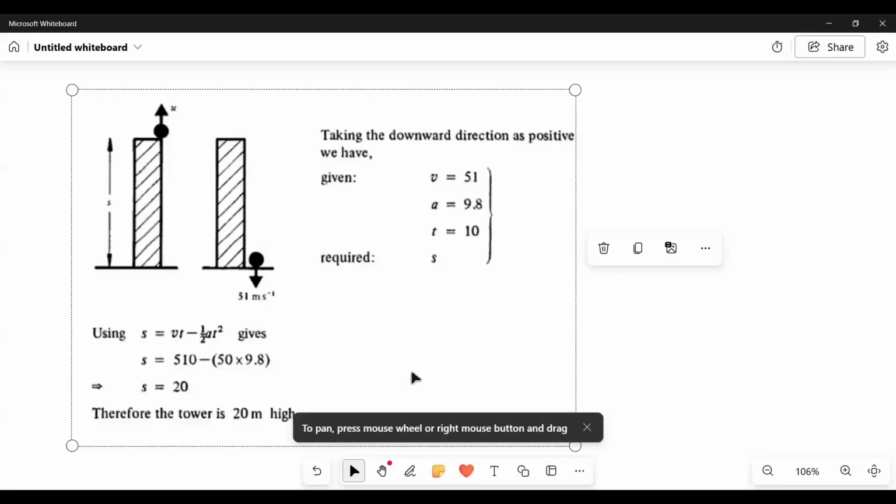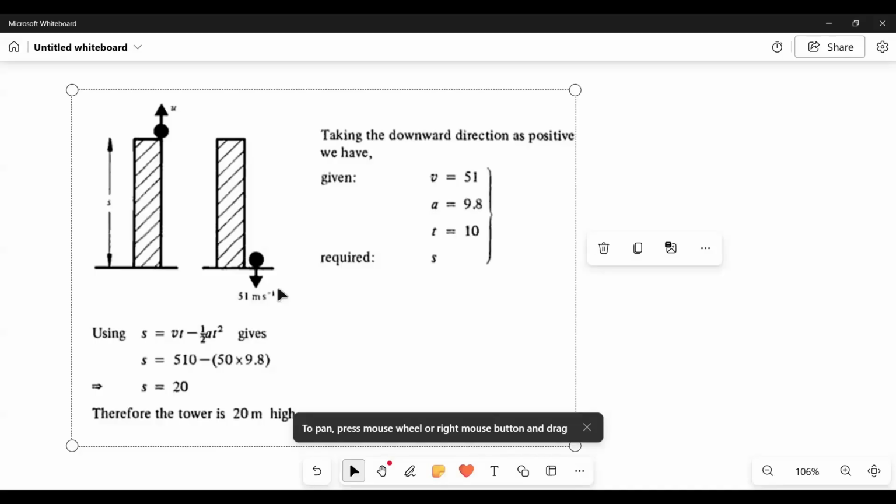So you can see this, right? We have a tower, let me draw the tower there, and you project this thing vertically upward. And of course, you're going to argue that it has to be at the very edge of this tower, because when it's falling, it might fall right back on top of the tower. But we're saying it misses it and it falls just parallel to it and it hits the ground with 51 meters per second.